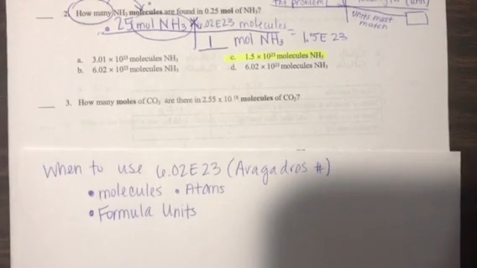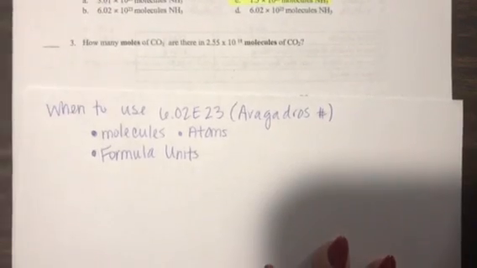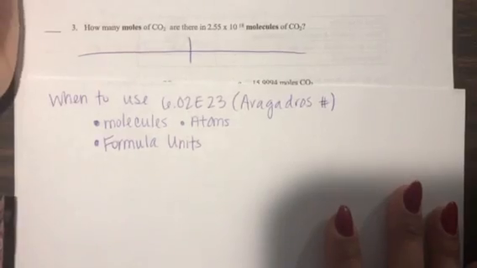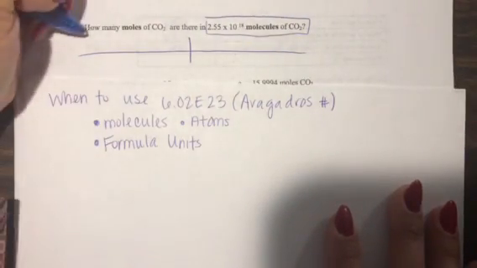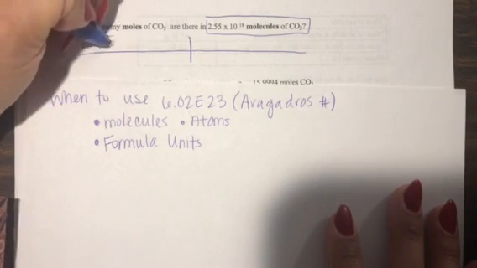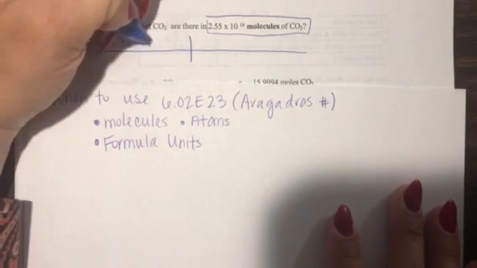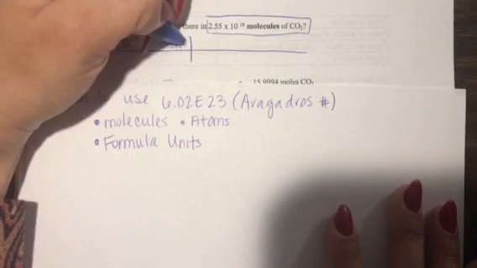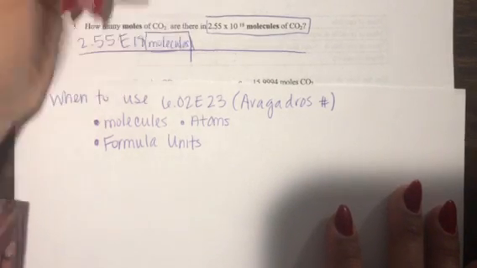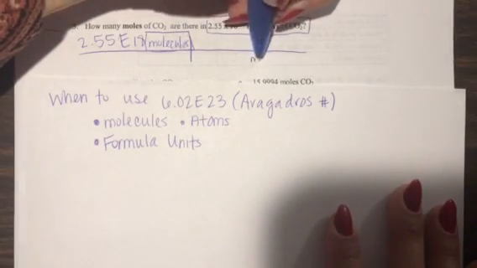We'll go down to number 3. There's only one number in the problem. That's going to go in my top left. If this says molecules, this has to say molecules.